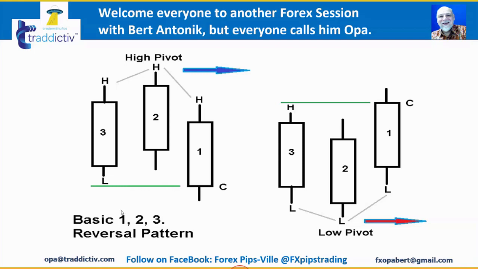Now that's the basic 1, 2, 3 reversal pattern. There are some little quirky things that could be different, but that's the basic. And notice I didn't put any colors in here, so the colors really don't matter. There are preferred colors, obviously. This being green, 2 being red, and 1 being red.